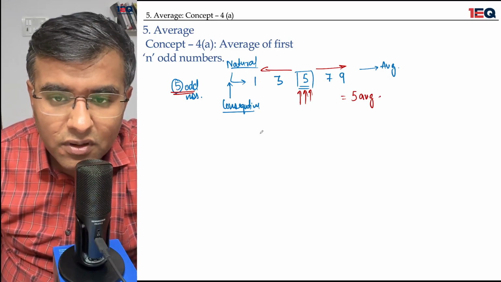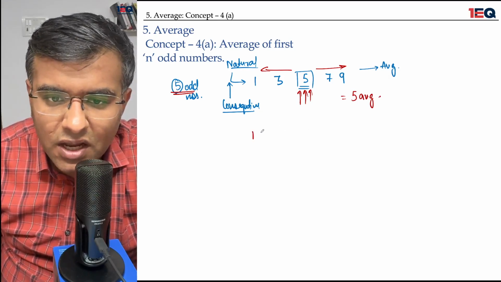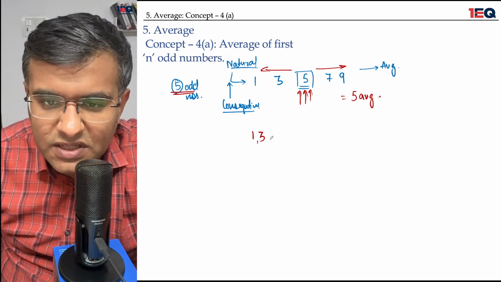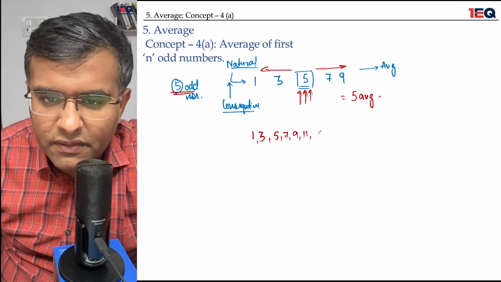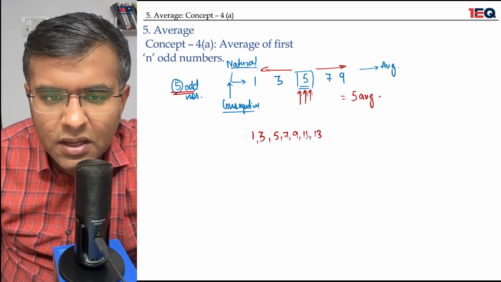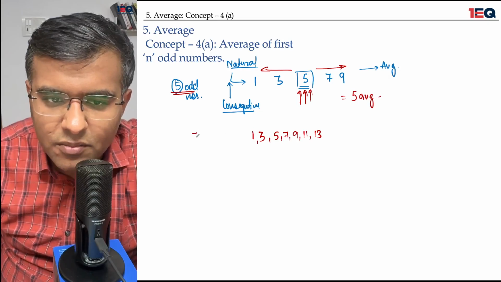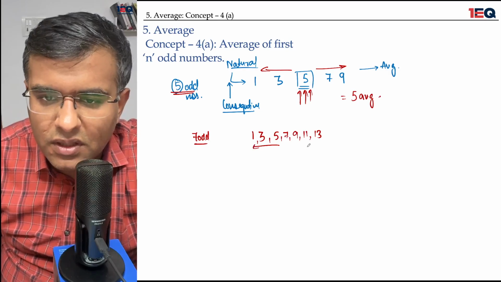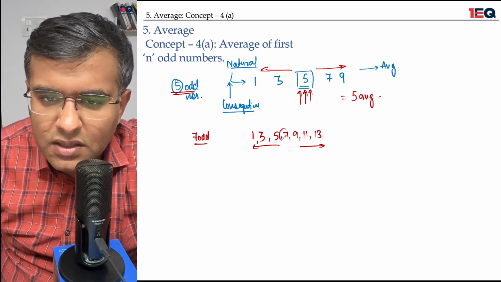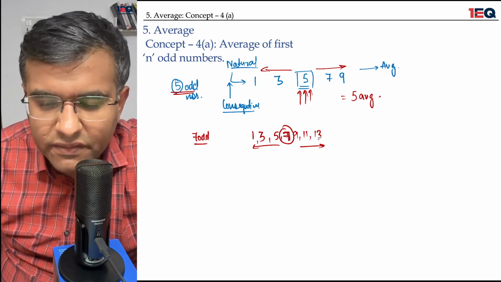Had I done it for, let's say, the first 7 odd numbers, I would have written down 1, 3, 5, 7, 9, 11, 13. Okay, yes, I have the first 7 odd numbers. 3 on the left, 3 on the right, and 7 in the middle.